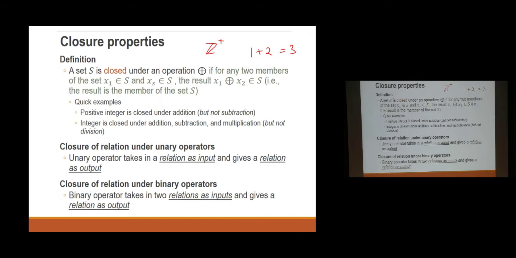Okay, but it is not closed under subtraction, because 1 minus 2 is not a positive. Okay, there is a kind of closure in this relation, and that is that relations are closed under unary operators, and relations are closed under binary operations. We can kind of represent that as a diagram.